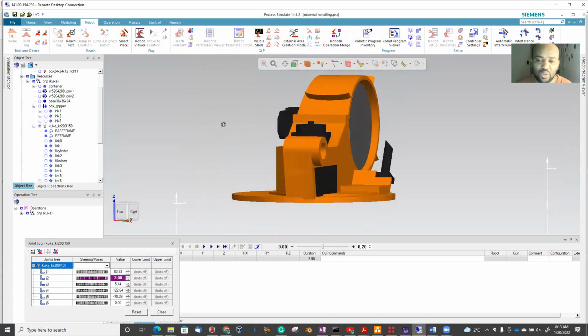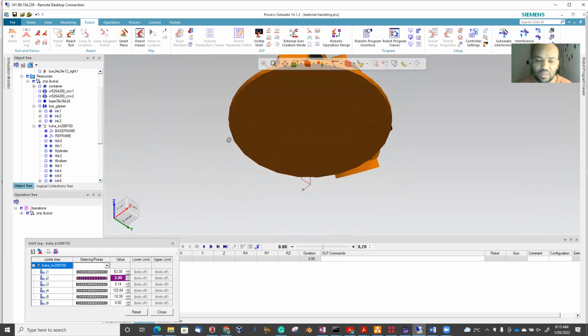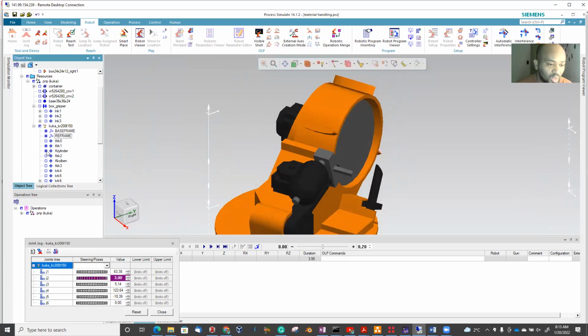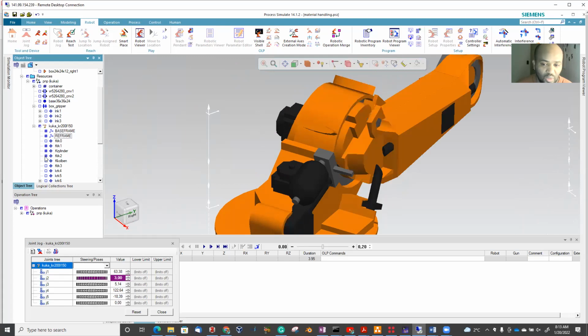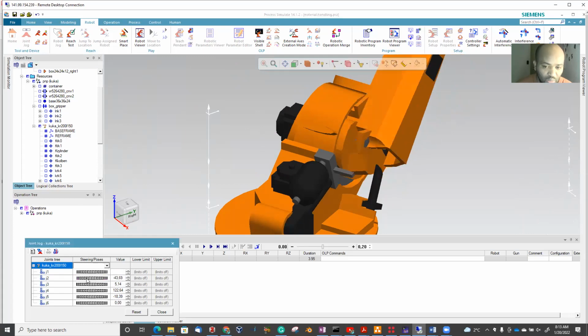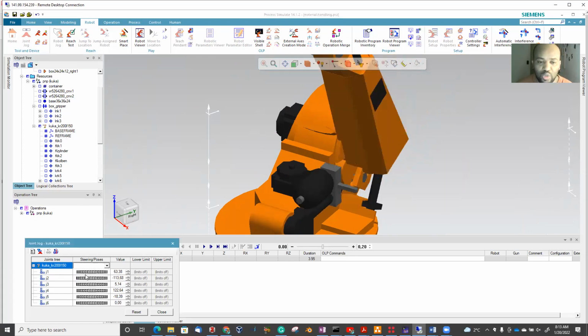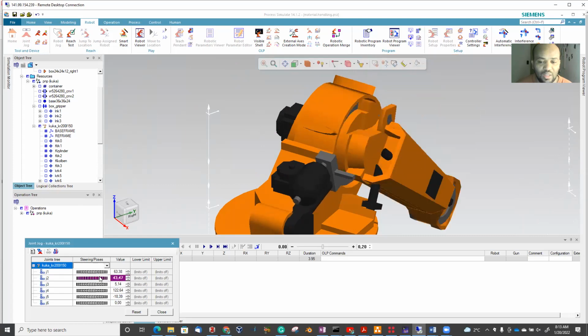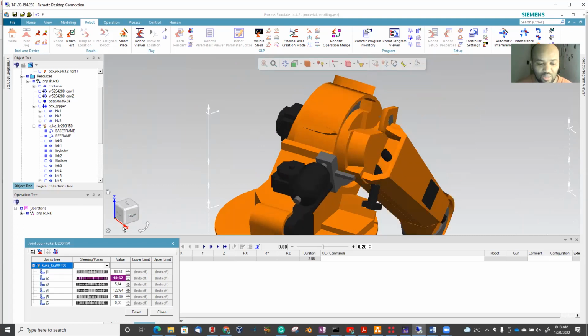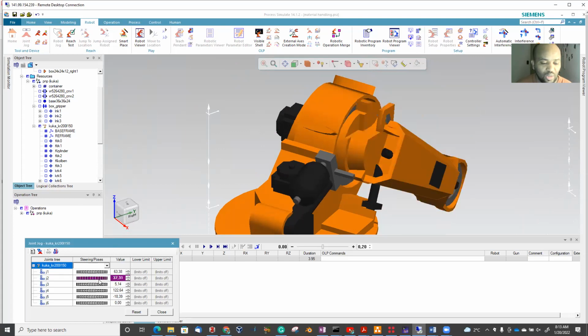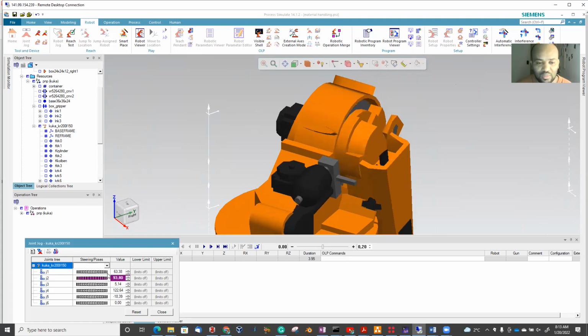Now if we look at the other one, maybe this is joint 2. This joint 2 is globally rotating along the x-axis, but locally it is rotating along the z-axis.